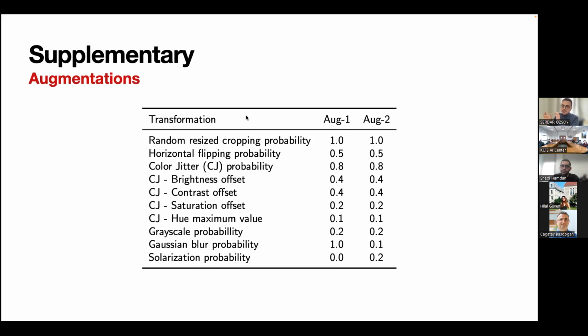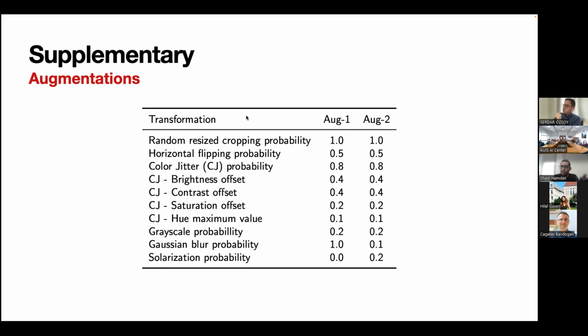But what we have seen during that period of time, we have also seen the other methods' parameters for augmentation 1 and augmentation 2. These transformations are standard, but sometimes the augmentation parameters are changed. We have seen how these augmentation parameters make a difference.